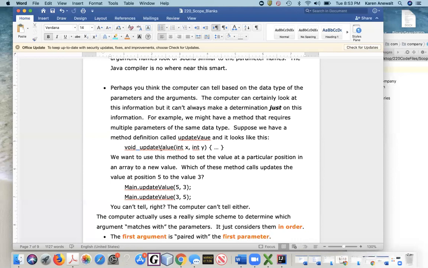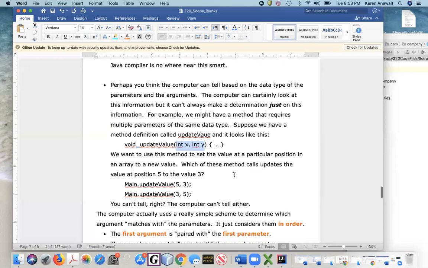So if we had a method called update value and we knew that it took two parameters, X and Y, and we wanted to use the method to set a particular position in the array equal to a new value, one of these is representing an index and one of them is representing the value. If we just look at these method calls, we can't tell which one correctly sets the array at a particular position to a new value.